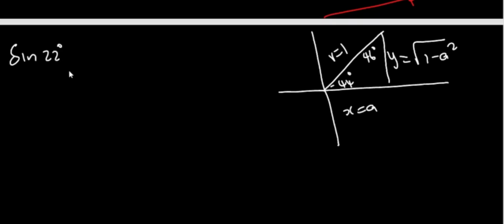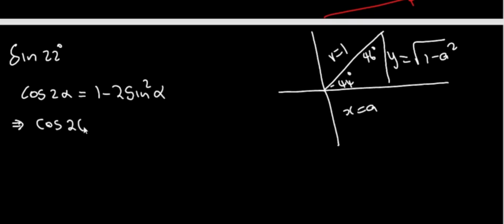And we know that if I write the cos 2 alpha, this is equal to 1 minus 2 sine squared alpha, because we are looking for sine, so we use the identity that has only sine. So this is what we have so far. Now remember, this can be written as the cos of 2 inside the bracket 22 degrees.